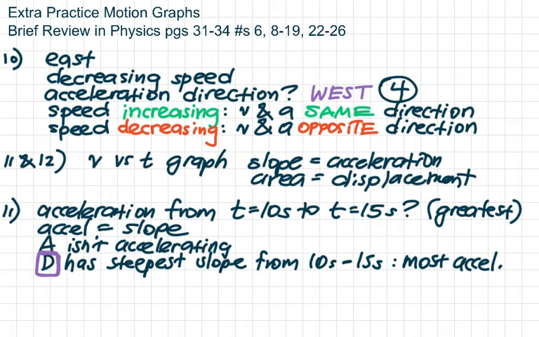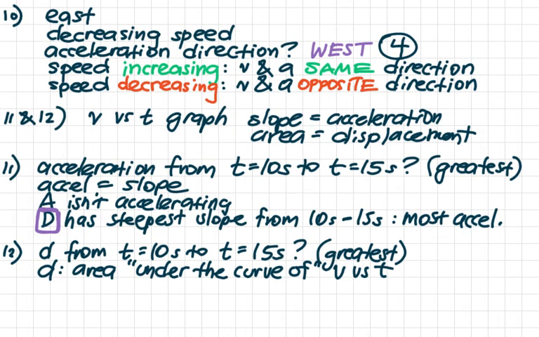However, based on which one went the farthest, if this was a race, A would still win. Even though D was fastest by the end of 20 seconds, it still didn't go as far as A did. I know that because the distance is the area under the curve of a V versus T graph, and A has the most area beneath it for the entire time.